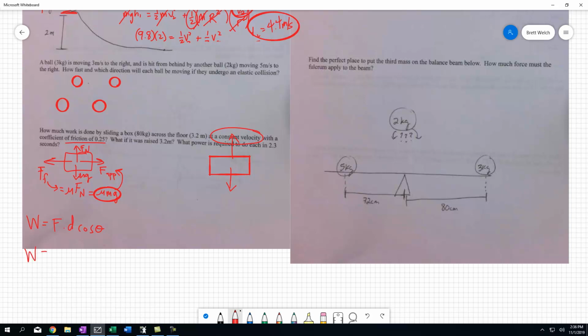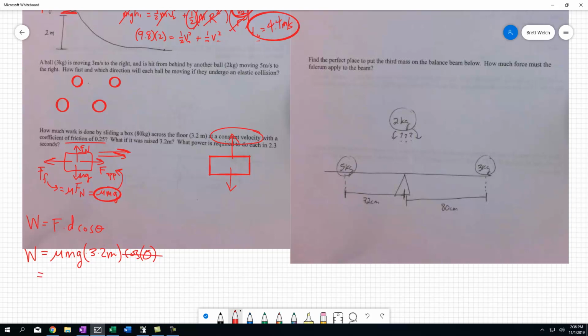So when I talk about how much work is done, I take my mu mg times the distance I move it of 3.2 meters times the cosine of theta. Now, if I'm pushing to the right and it moves to the right, the angle between those is 0, and the cosine of 0 is 1.